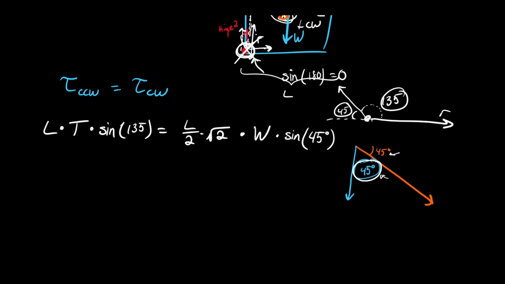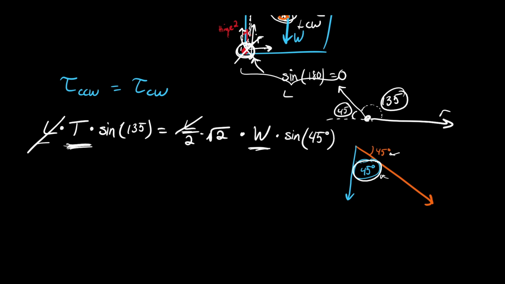Okay, perfect. Now all we need to do is look at both sides, because we have our finished equations, and we count how many unknowns and how many equations we have. Well, we have one equation. We don't know L, however, it cancels from both sides of the equation. We don't know T, so that's one unknown.